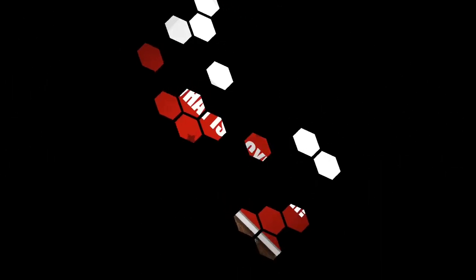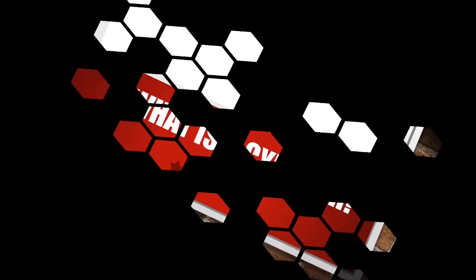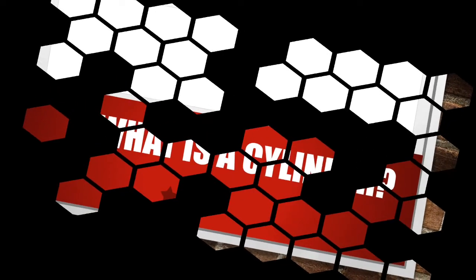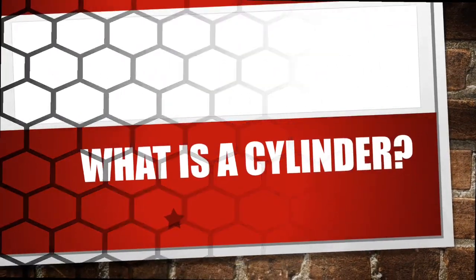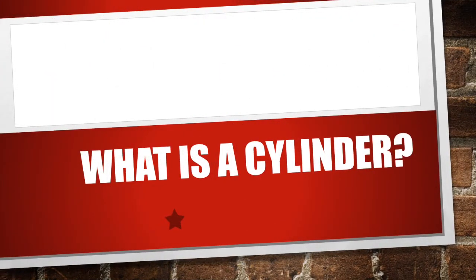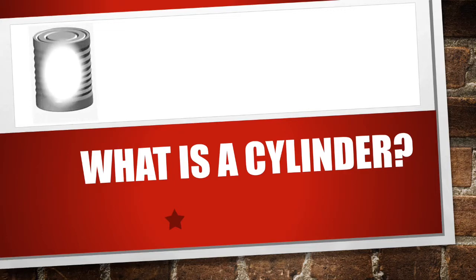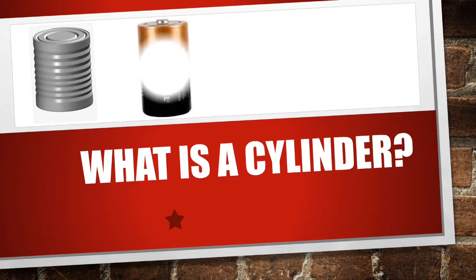So let's see some examples of what cylinders might be, so that we can make sure that we're all on the same page as far as what is a cylinder. A cylinder has two round sides and one lateral surface. It looks sort of like a can, which is usually a pretty good example of a cylinder.